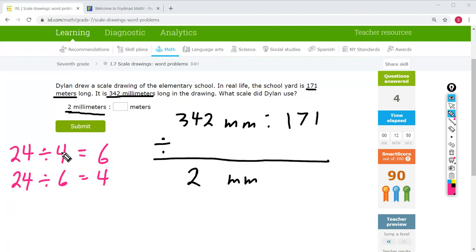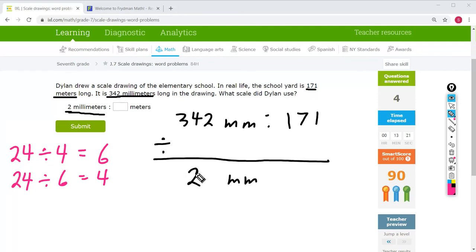In other words, I can switch these two numbers around and still get a true statement. Now, that is not the commutative property. The commutative property would say that I could switch this number and this number around and still get the same answer, which is actually not true for division. But with division, I can switch this number and get the same answer. Now, how does that help us with this problem?